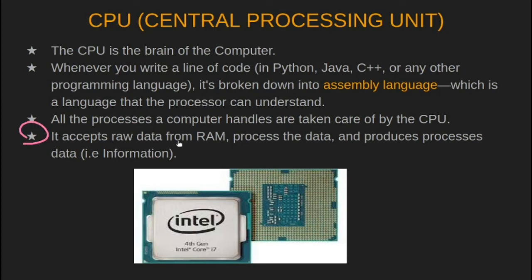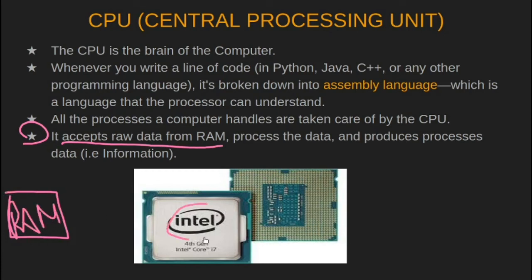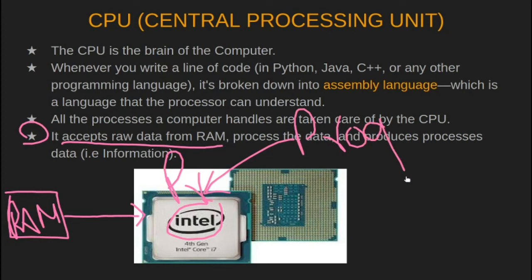Well, what happens is that it takes raw data from RAM. So suppose we have a RAM over here, and here we have our CPU. So the raw data travels to the CPU for something known as processing of data. And who helps the CPU in turn to process the data? It is something known as a program. And what is a program?